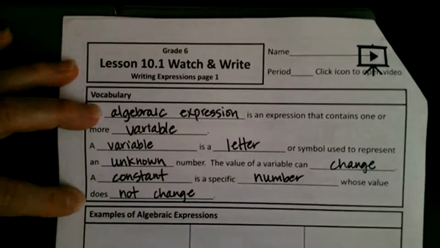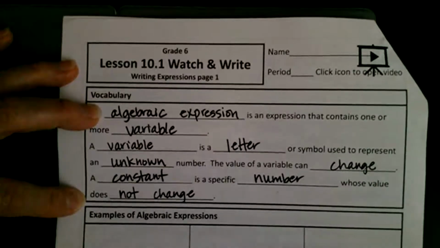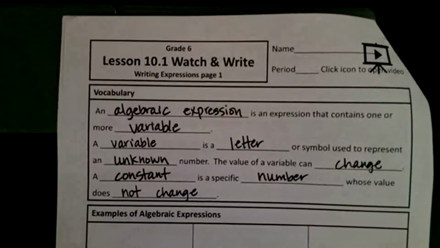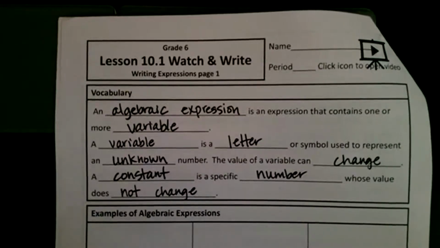Whereas with variables, the value can change. So algebraic expressions have numbers called constants that do not change. They also have operations, just like numeric expressions, but they also include at least one variable. It's a missing or unknown number that we put a letter in place of. The letter will stand for some number that we don't know yet.